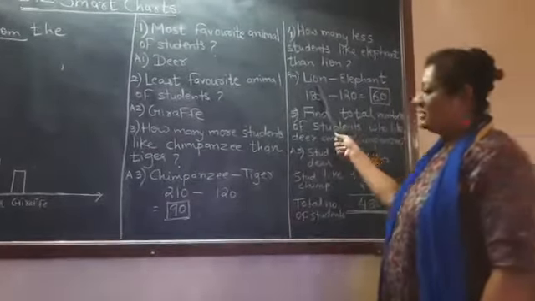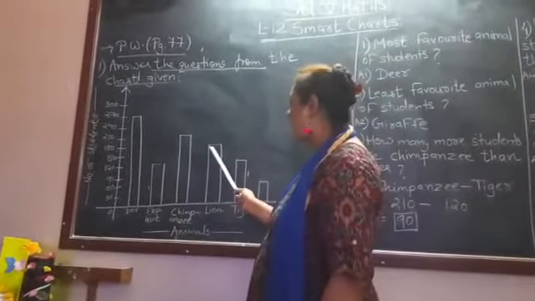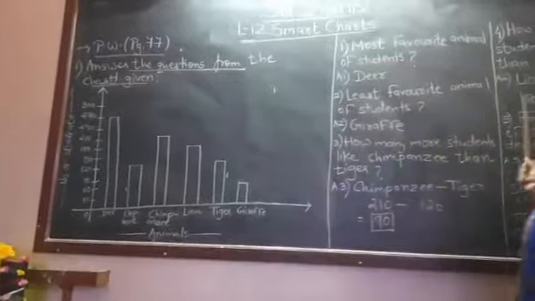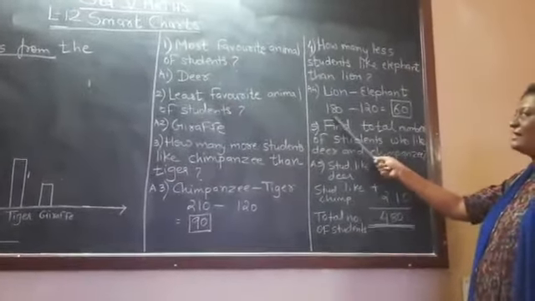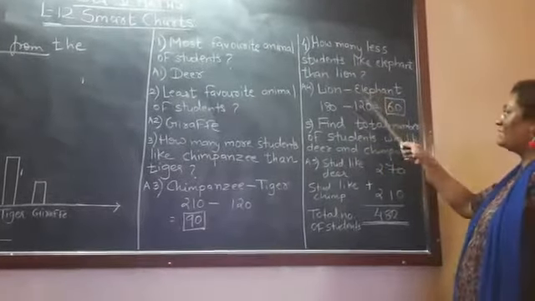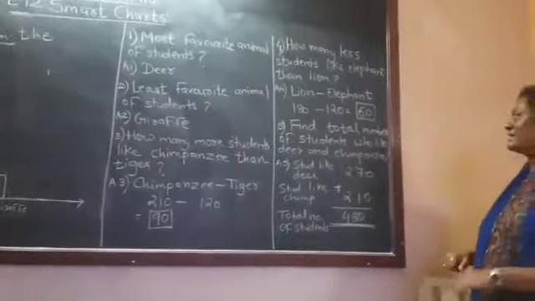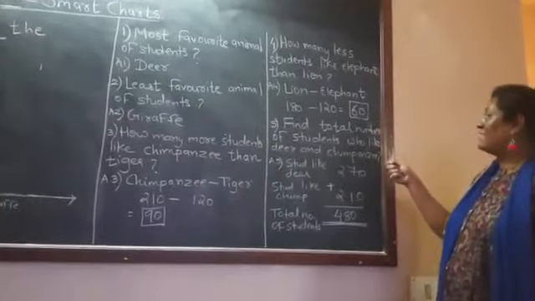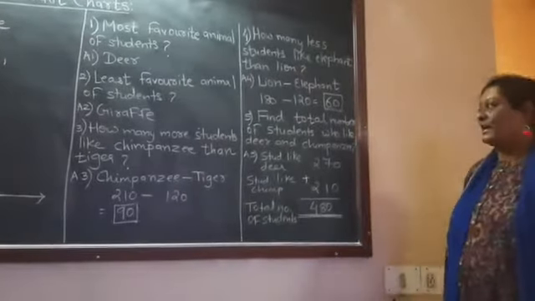The rectangular bar of lion ends on 180, so the number of students who like lion is 180 and elephants are 120. So 180 minus 120 is equal to 60. So 60 fewer students like elephants compared to lion.